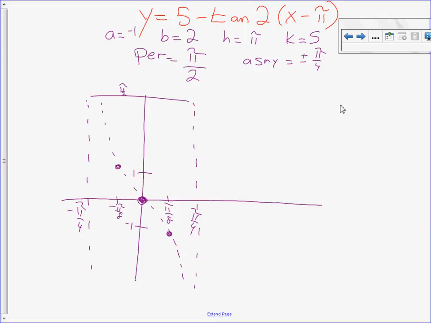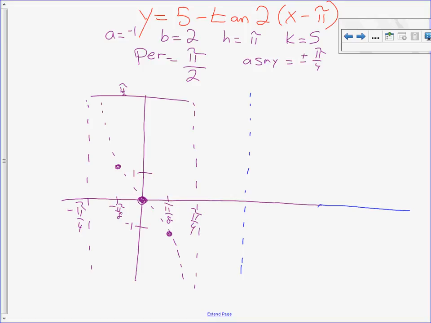Okay? So now, by having all of my shifted stuff written down, I can go ahead and take those. My new asymptotes are at 3 pi over 4 and 5 pi over 4. I added pi to both asymptotes, because that period stays the same.